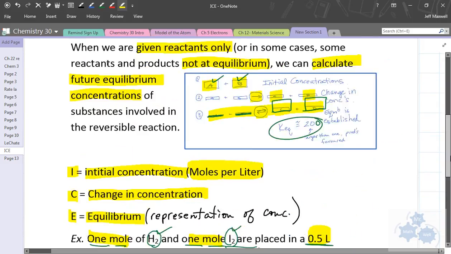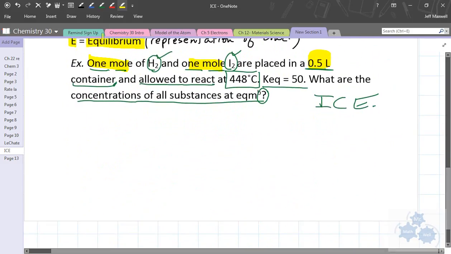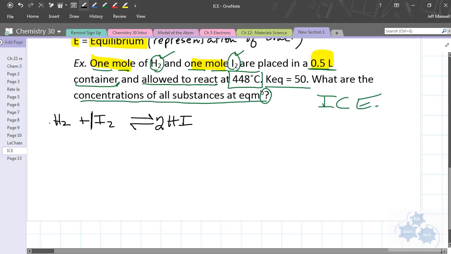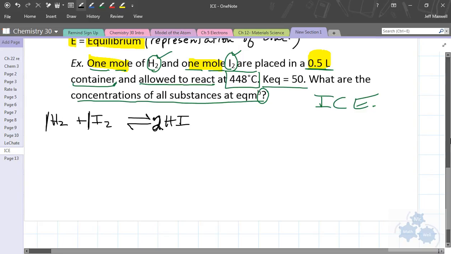So, we have H2 plus I2 produces HI. Is that balanced? No, you need a 2. So a 1 goes there, a 1 goes there, and a 2 goes here. Awesome. Balanced equation. A lot of times you'll be given it, but if you're not given it, you have to create one.